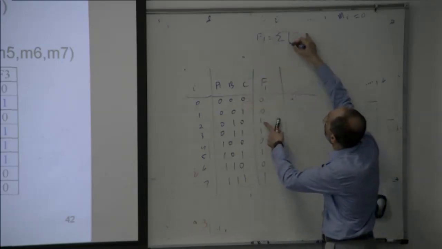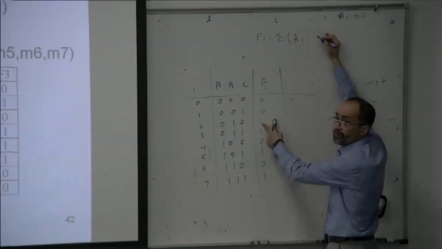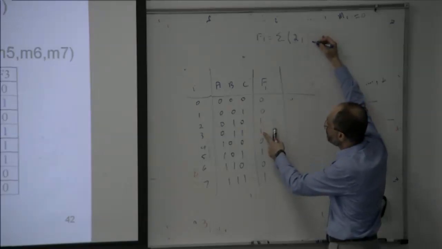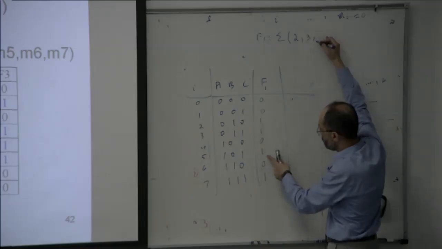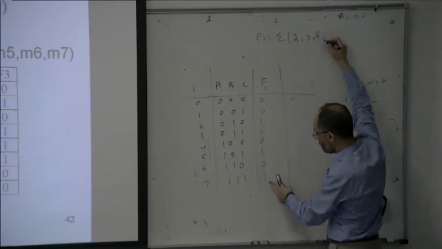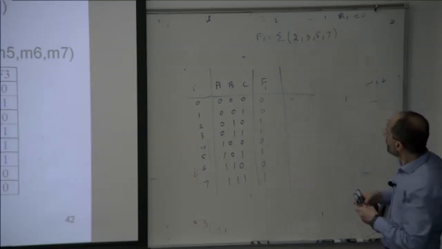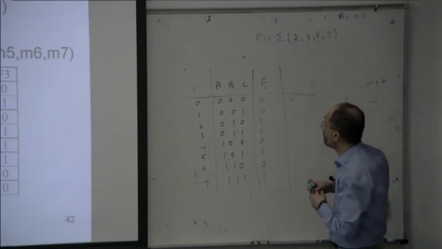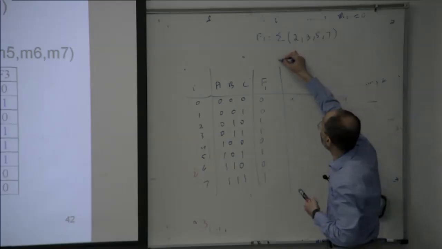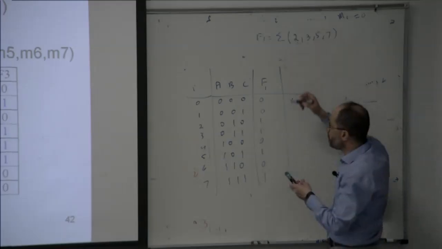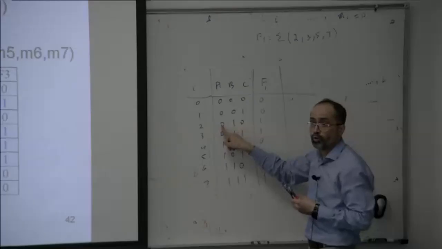Which min terms? 2, then 3, then 5, then 7. Got it? Okay, so now if it is the sum of all min terms, please look at the particular row, 2.